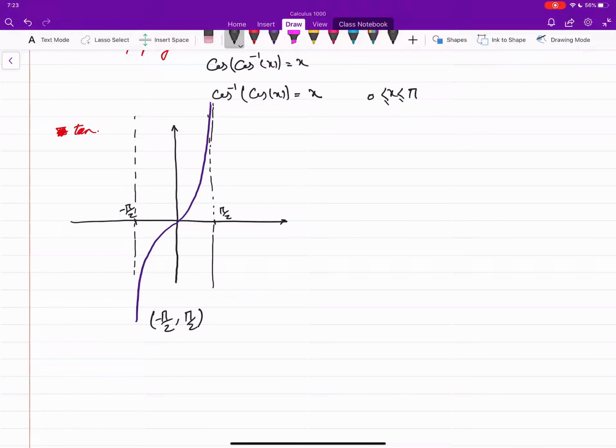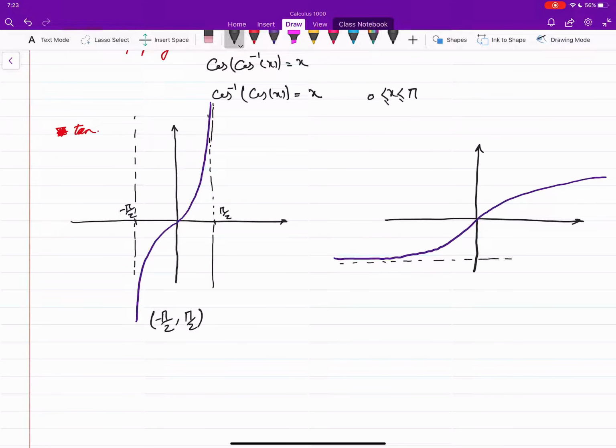As a result, we have the graph of the inverse function. It will look something like this. The vertical asymptotes in this case turn into horizontal asymptotes, and we have the definition.